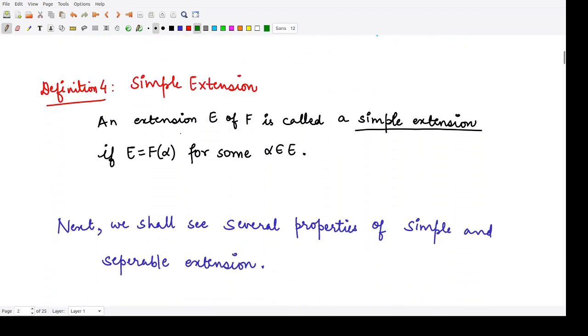Next we have simple extensions. What is a simple extension?